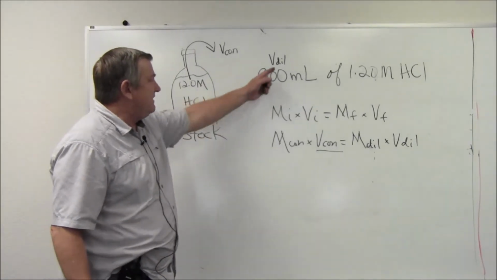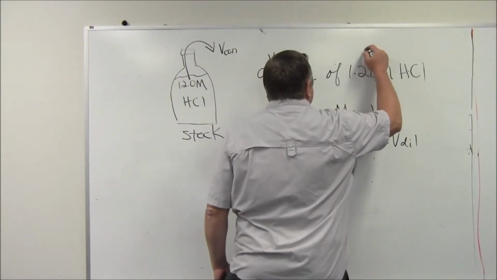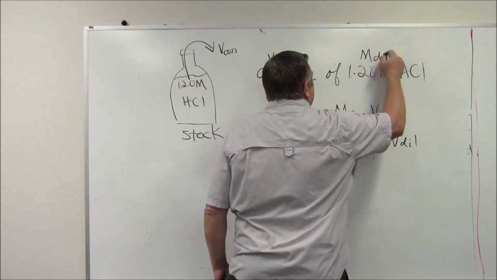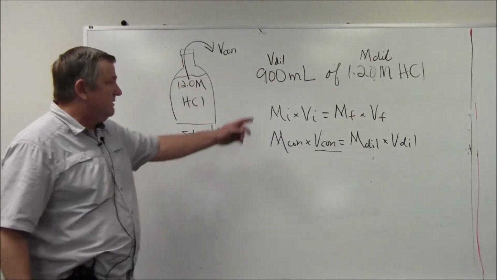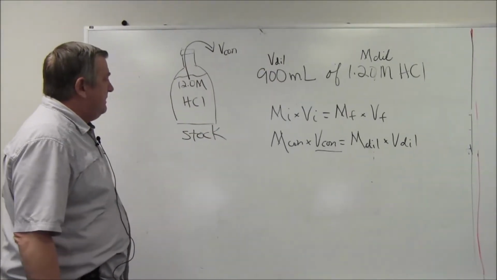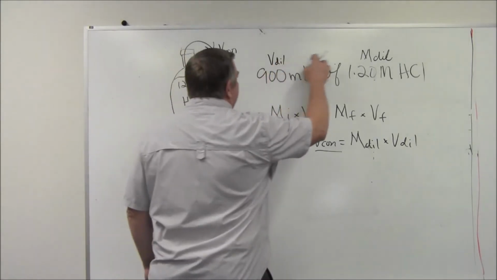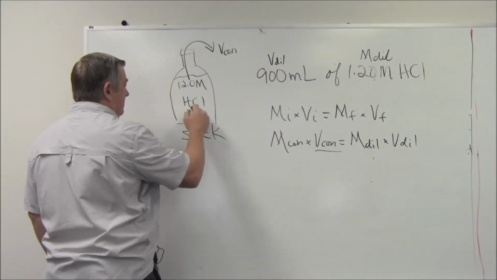So this is our final volume, the diluted volume. And this is our molarity dilute. Our desired molarities are the diluted ones. And our volume is our desired volume. And so these are given, see? And then this is given. This is the stock. This is molarity concentrated.